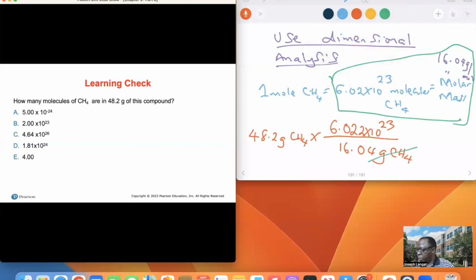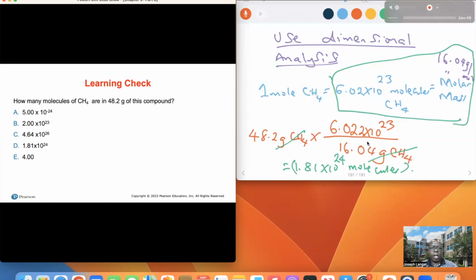We cancel that. On your calculator, you should get something like 1.81 times 10 raised to 24 molecules. The unit here is molecules. So the correct answer for that is C. Just plug it in your calculator. Take note of molecules.